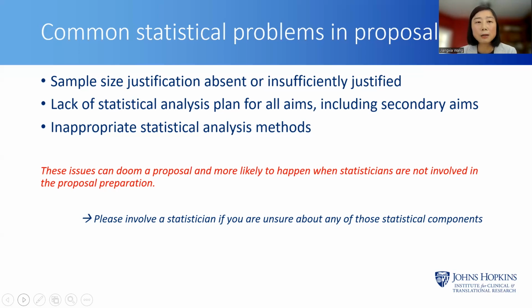Another problem is the lack of a statistical analysis plan for the aims, including secondary aims, or inappropriate statistical analysis methods being specified in the proposal. Those issues can doom a proposal and are very likely to happen when statisticians are not involved in the proposal preparation. So if you are unsure about any of those statistical components when you prepare your proposal, please don't hesitate to involve a statistician.